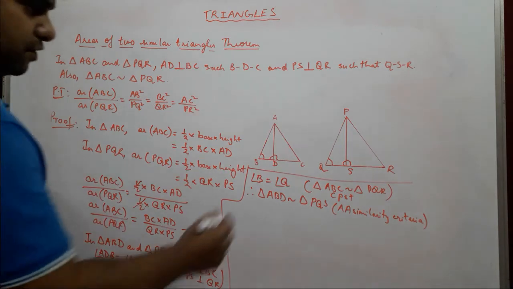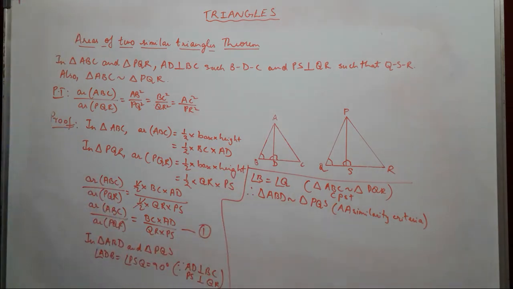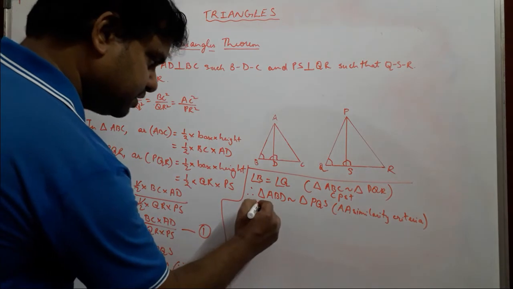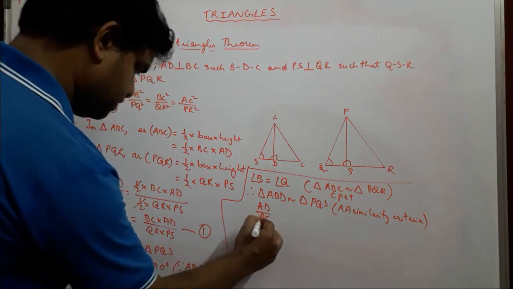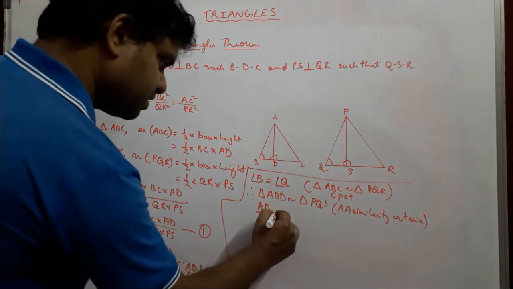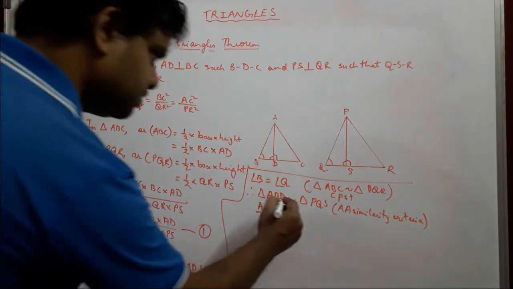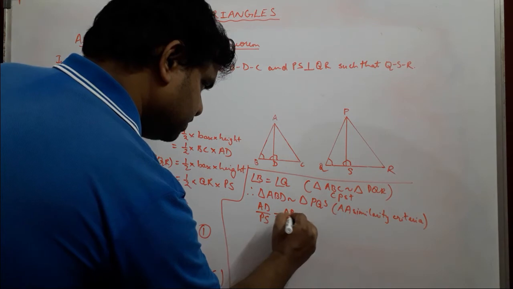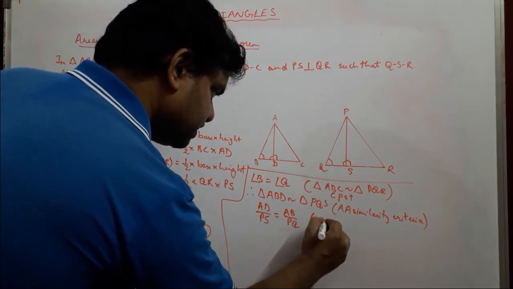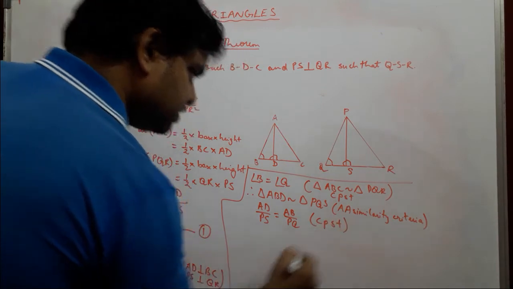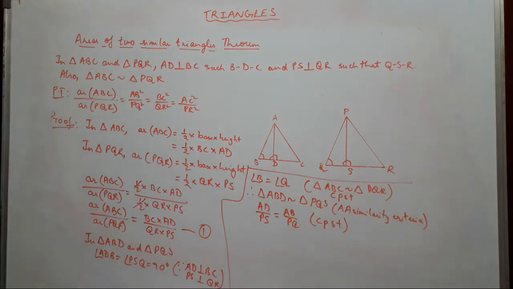Now that we have got them similar, we can say that AD upon PS is equal to AB upon PQ, and this is by CPST, that is corresponding parts of similar triangles.